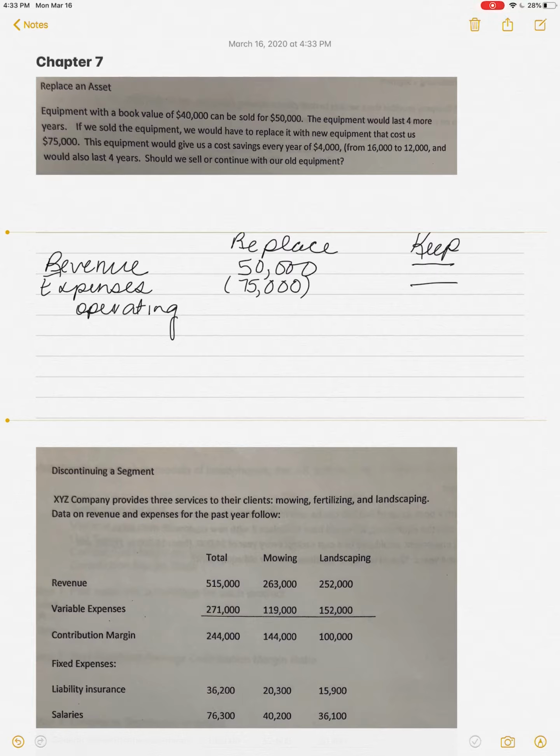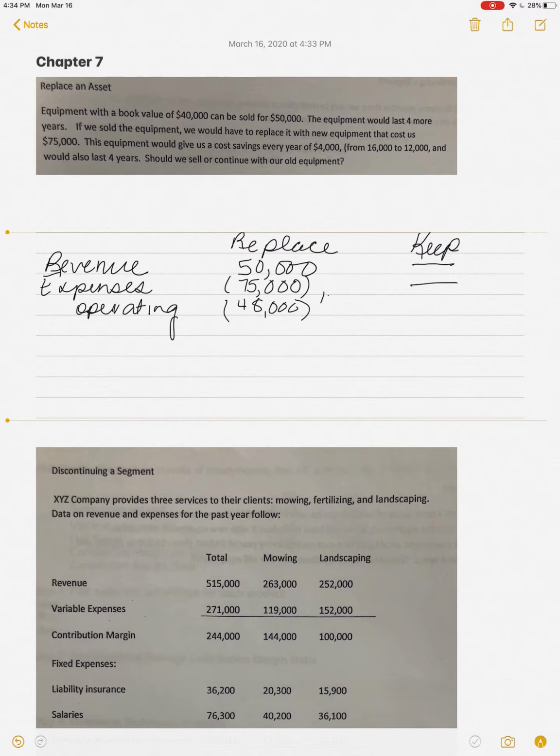This asset, no matter what, is going to last us another 4 years. So we're going to look at that cost over that 4-year period so that our numbers are comparable. If we replace the asset, it's going to cost us $12,000 a year to operate that asset for 4 years, or $48,000.